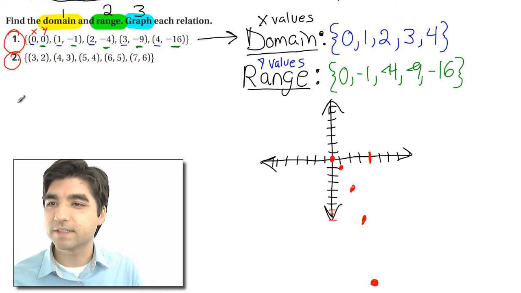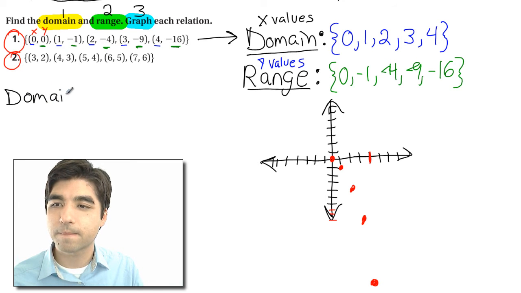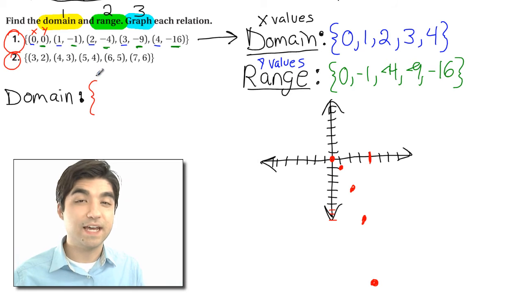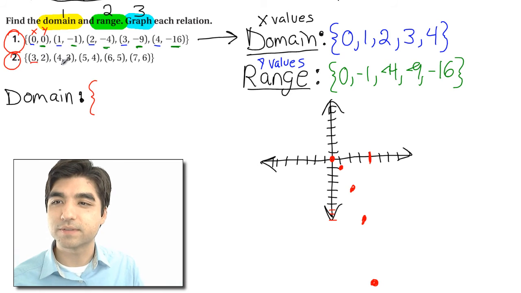So the first thing that we need to do is grab the domain of it. So that's gonna be any of the x values, remember? So on this one it's 3, 4, 5, 6, and 7.